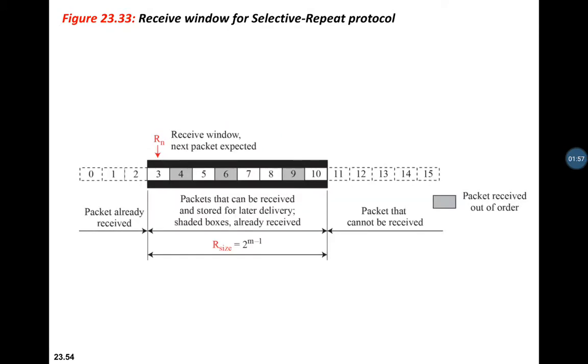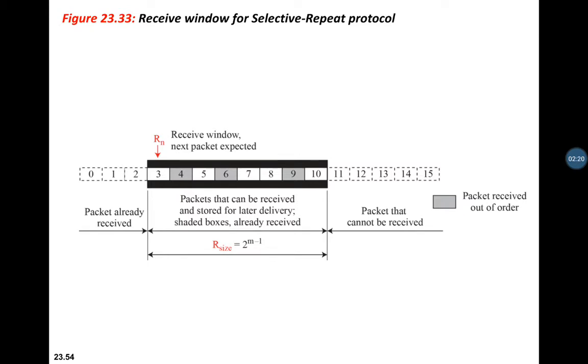With respect to the receive window also, it is totally different from go back N. Here the size of the receive window is the same as the size of the send window. Selective repeat allows as many packets as the size of the receive window to arrive out of order, and they are kept there until a set of consecutive packets can be delivered.